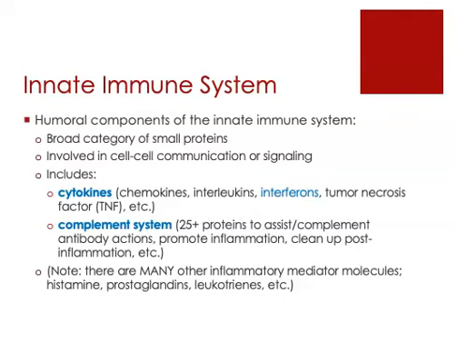Now, cytokines include a variety of chemicals, and I've got some of them listed here. There are some that are called chemokines. There are some that are called interleukins. There are some called interferons. There's a type called tumor necrosis factor. All of these are called cytokine chemicals.